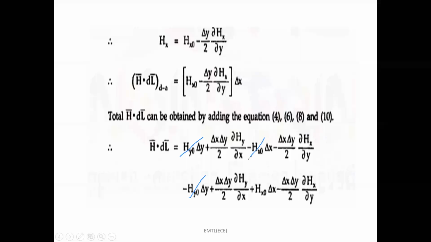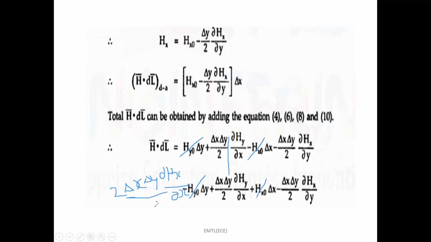Similarly, Hx naught delta x positive and minus Hx naught delta x are cancelled. When you observe these two values, finally we got 2 delta x delta y dou Hy by dou x.